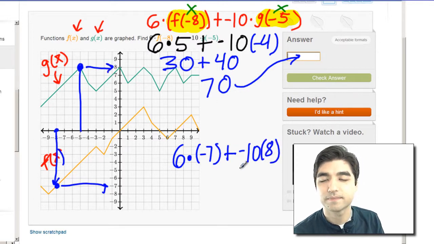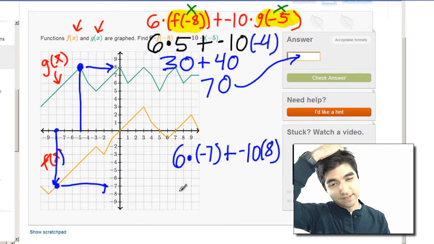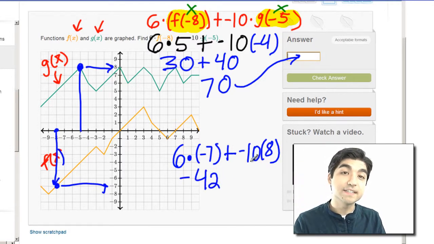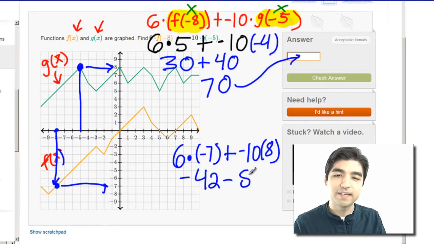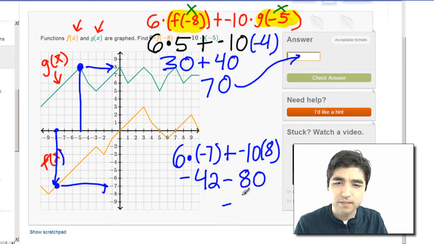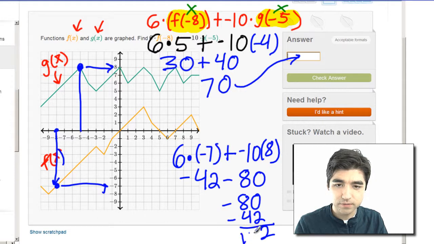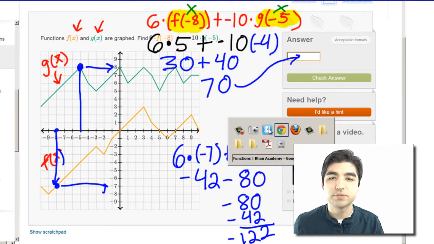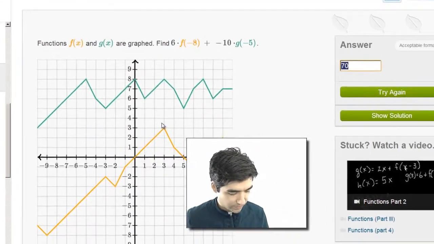So 6 times -7, that is -42, plus -10 times 8, that's -80, and then -80 minus 42, what is that? 102? 122, -122. So that's -122. Let's try that one.